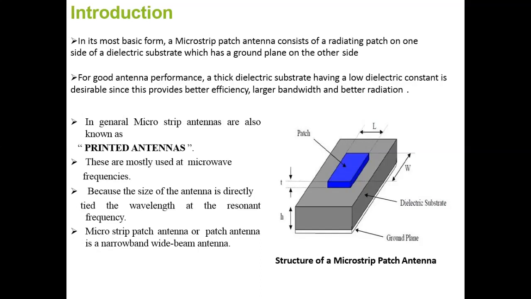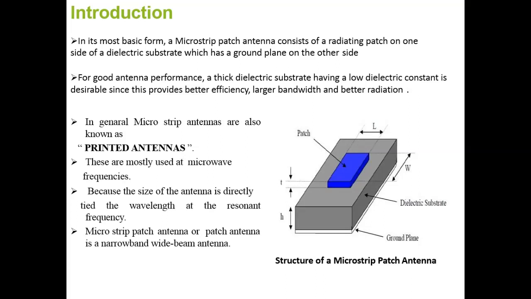Next, in general, microstrip antennas are also known as printed antennas. Very, very important point: microstrip antennas are also called printed antennas, that means printed circuit boards.